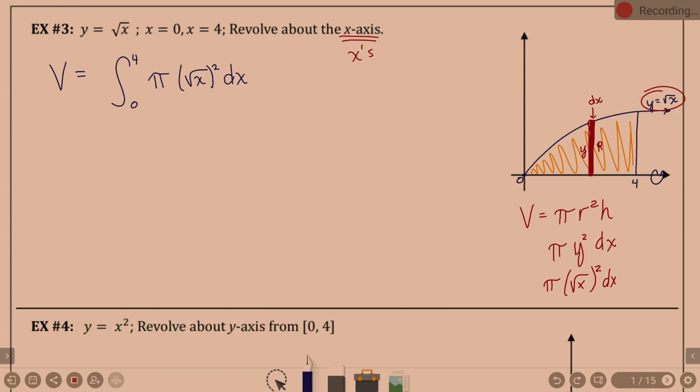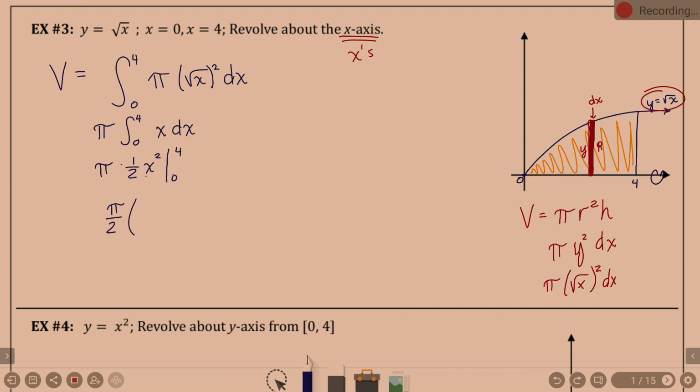If I do a little cleanup, I can pull the pi out front. Integral from 0 to 4 of square root of x squared, x dx. And this is piece of cake math at this point? We've got pi, integral of x is 1/2 x squared, evaluated from 0 to 4. Personally, pi times 1/2 in my brain is pi over 2.